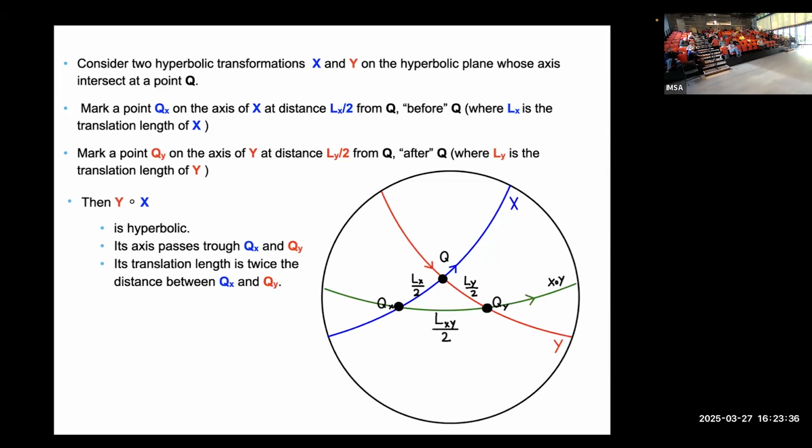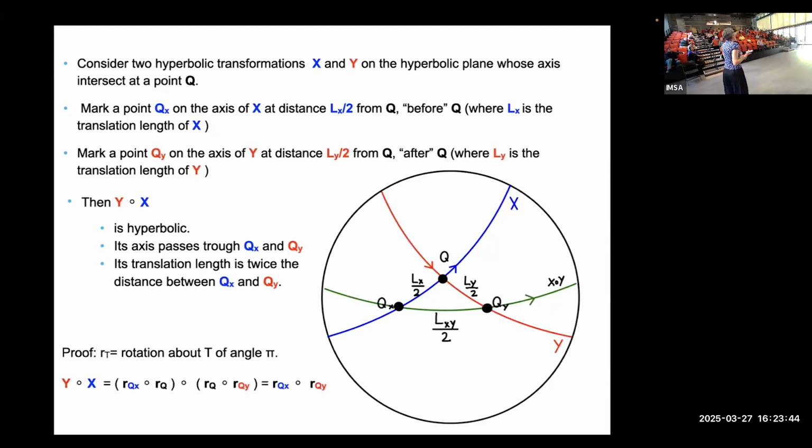The axis of the product is the line that passes through these two points that I just defined. The proof is super simple, because you write each of the transformations as a rotation of pi around each of the points, and you make sure the Q's in the middle cancel, and this is it. Isn't this pretty?